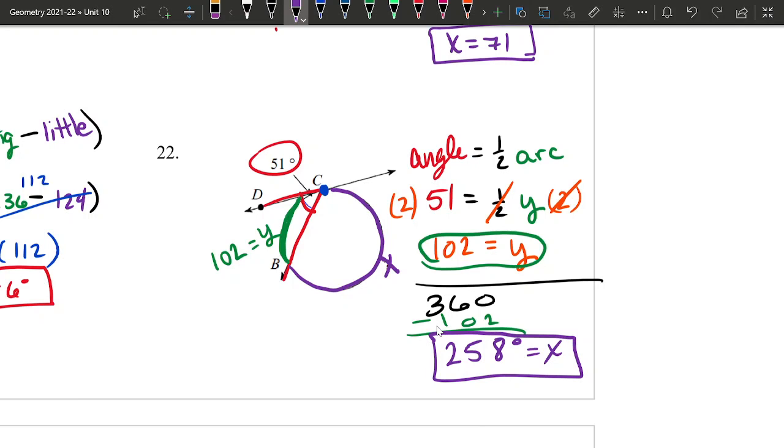But again, I started with where's the vertex of the angle. That's the best way to start almost all of these problems. Where's the vertex of the angle located? Even though I wasn't solving for the angle, and I wasn't even solving for the included arc of the angle, it was still the best place to start.